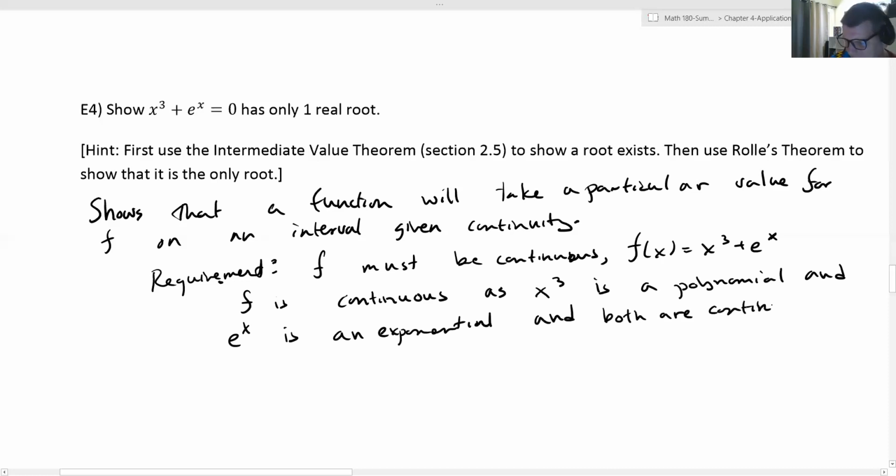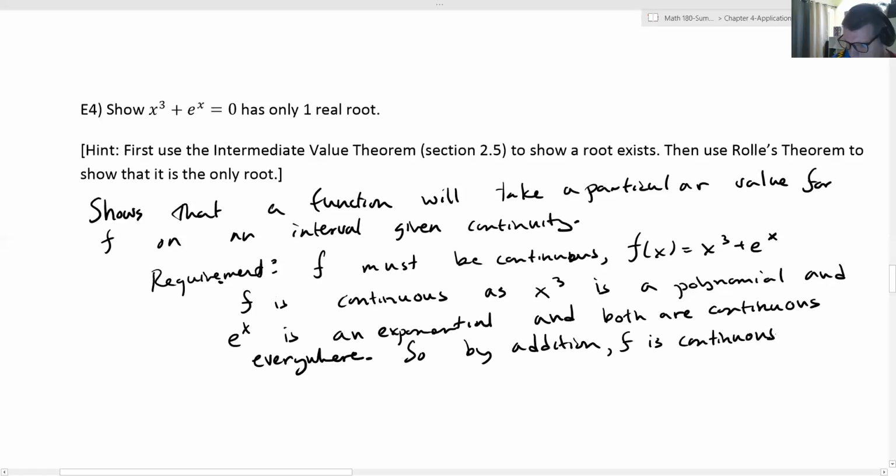So by addition, f is continuous. All right, so that's our requirement.